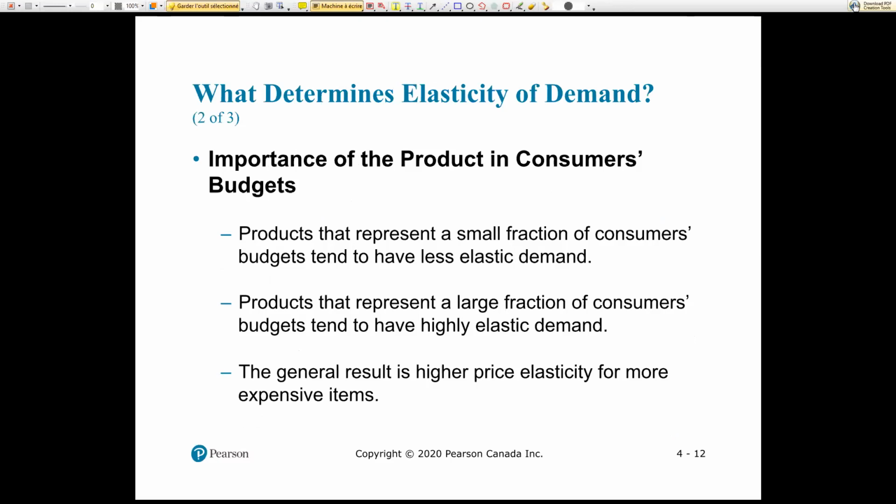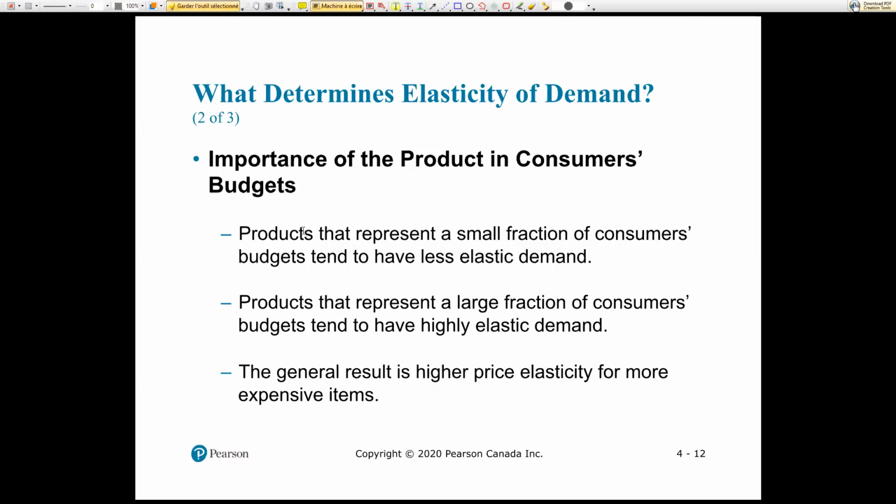Importance in the consumer's budget. I've found this a bit confusing when I saw it first. It depends exactly on the interpretation you have. I've read the book, and this is my take on it.